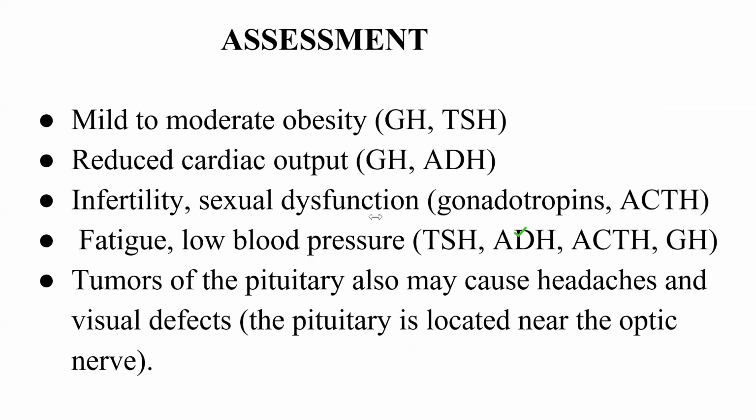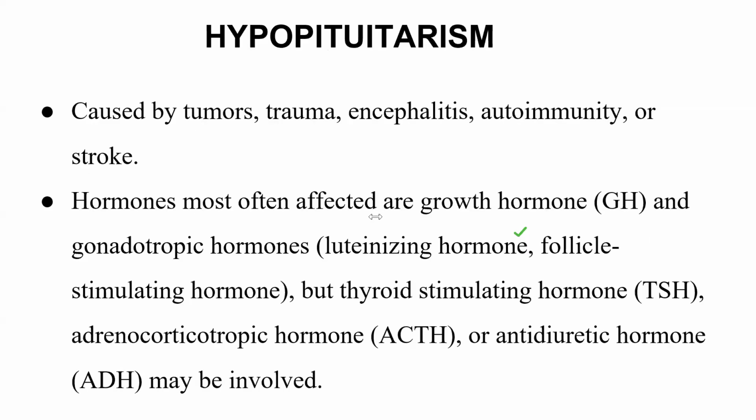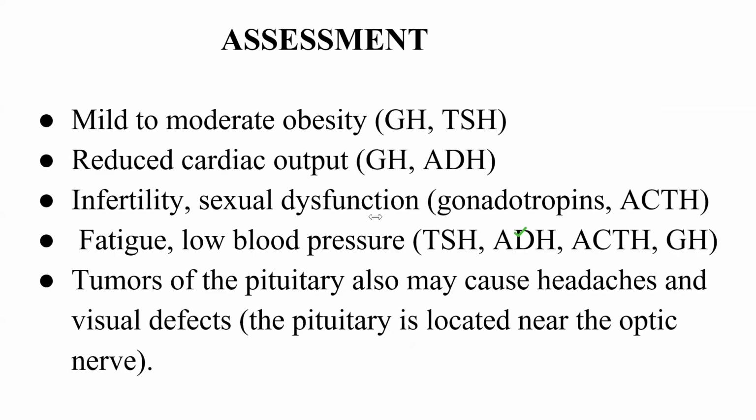How do you know a patient is having hypopituitarism? The first thing you will see is mild to moderate obesity. Why? Because the GH, which is the growth hormone, and the gonadotrophin are the majorly affected hormones here. So there is mild to moderate obesity, and reduced cardiac output.